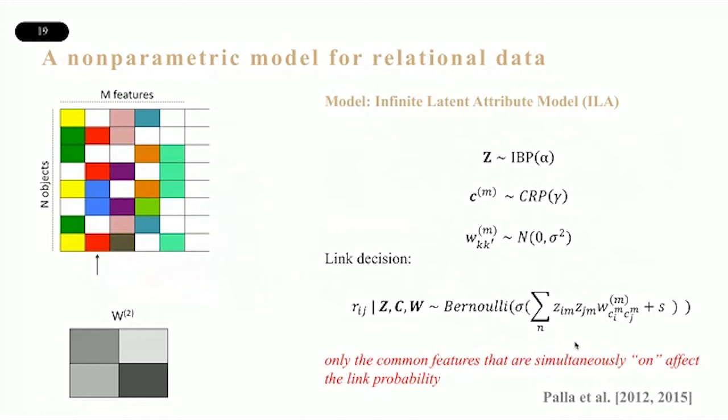In very simple words, I decide the link probability between two objects by only looking at the categories that these two objects are members of at the same time. And then I look at their cluster assignments to decide how probable it is that there is a link between them.